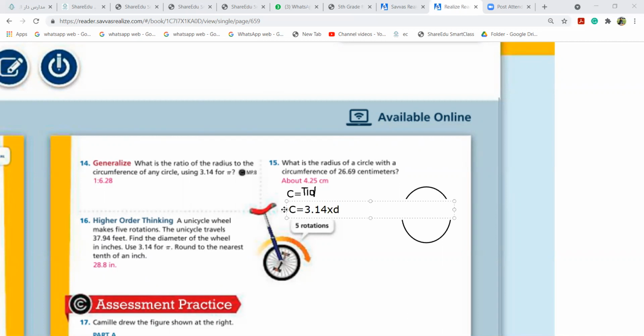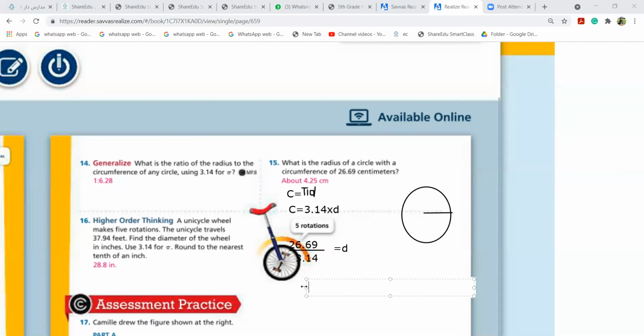But I know the circumference, 26.69. I told you I will divide by 3.14 to get D. So what is 26.69 over 3.14? 26.69 divided by 3.14 is 8.5.